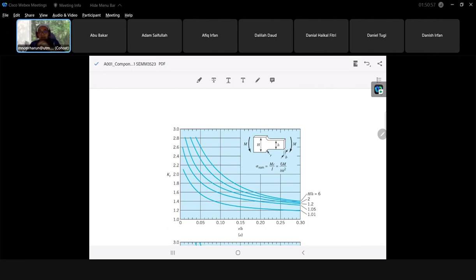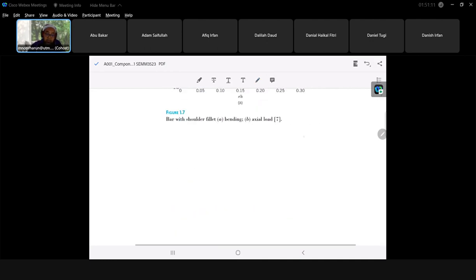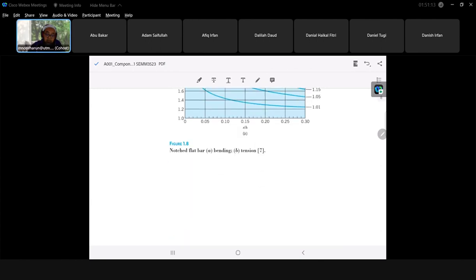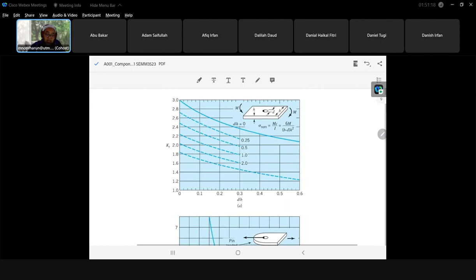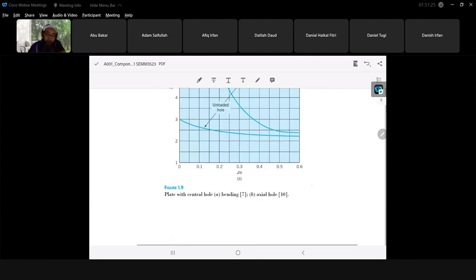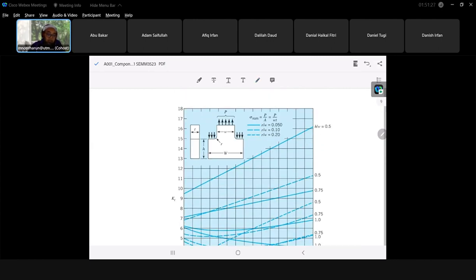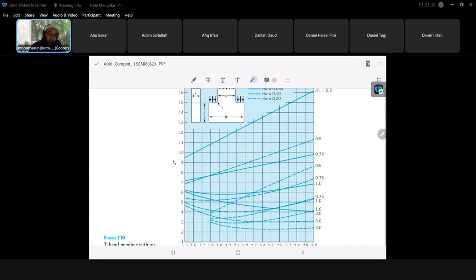The previous one was a round shaft; this one is rectangular, so it also has a different graph and different loads applied. This one also has a hole in the middle, and the load differs too. This is a different KT as well.